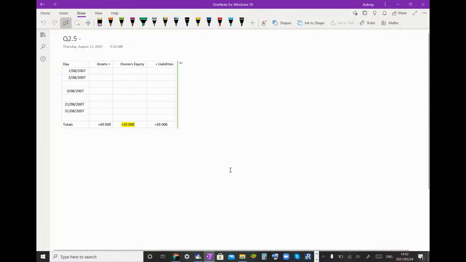Okay, so we found the required. What they wanted us to calculate was the equity for Roger.